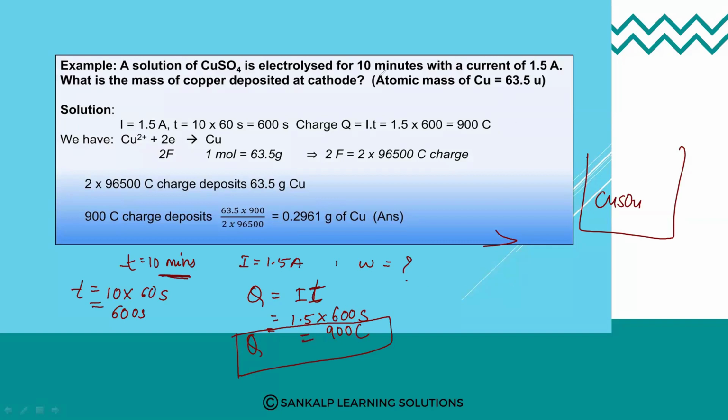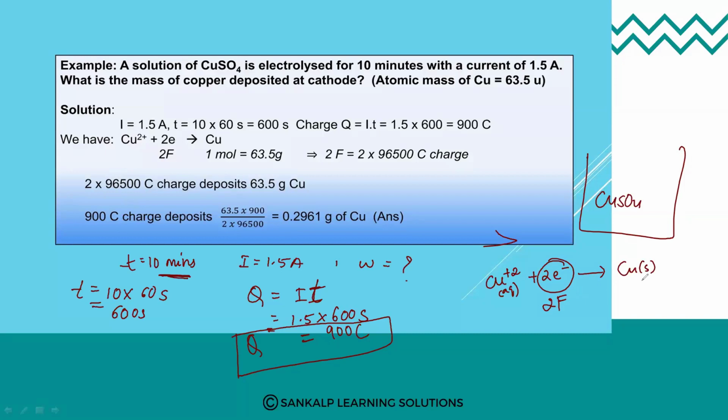Now we know that at the cathode, reduction takes place. So reduction means copper plus two electrons will give you copper solid. Here, how much Faraday is used? 2 moles of electrons are passed, so it is 2 Faraday.